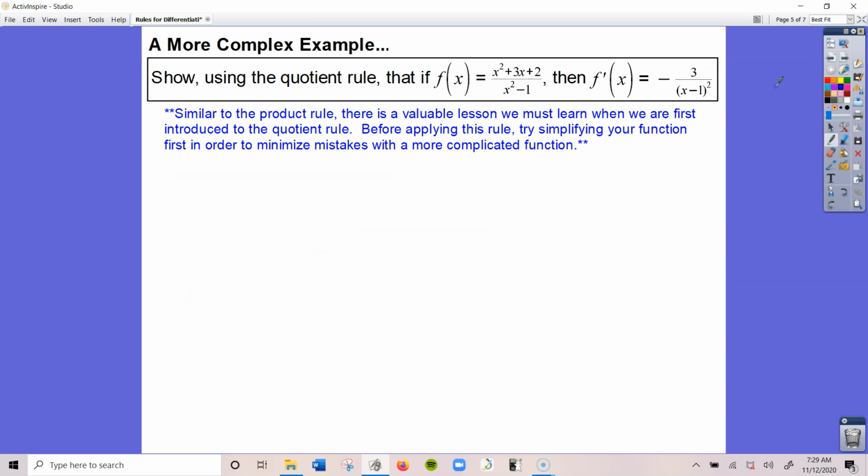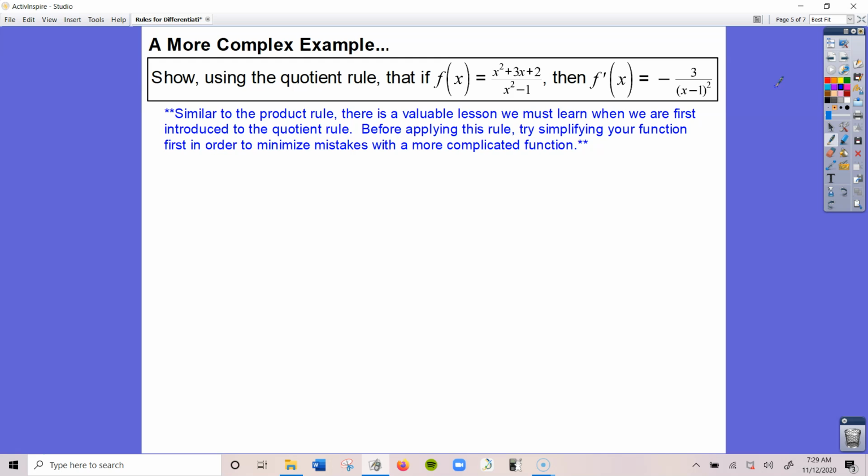Let's look at a more complex example. Show, using the quotient rule, that if f of x is equal to x squared plus 3x plus 2 over x squared minus 1, then f prime of x is equal to negative 3 over x minus 1 squared. Now when we first look at f of x, obviously this is a quotient, so we will have to use the quotient rule.